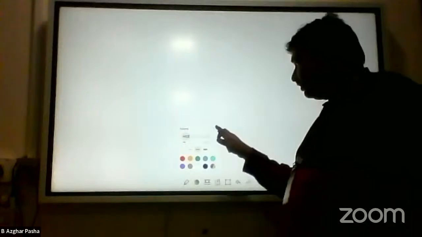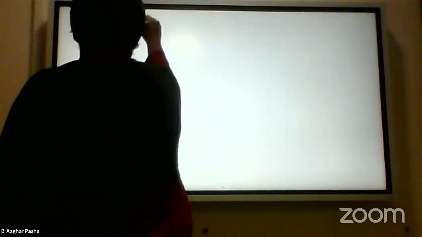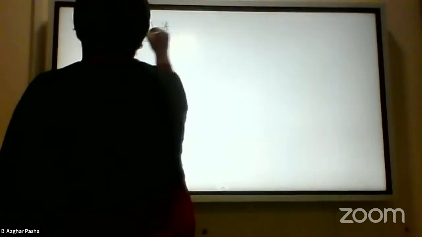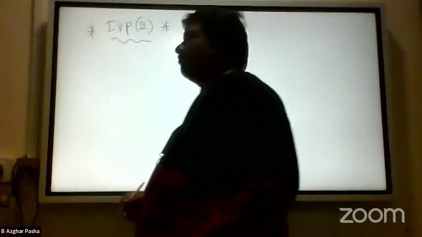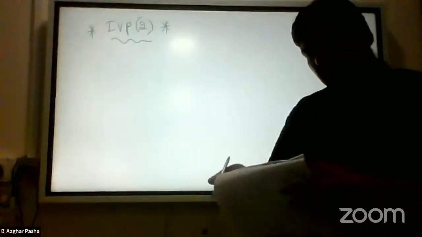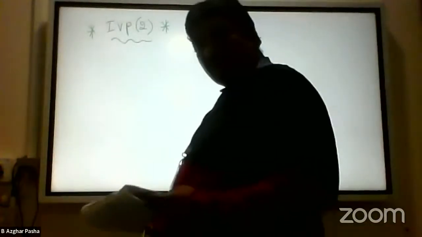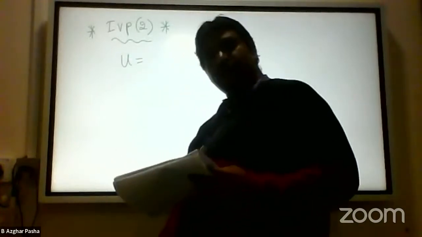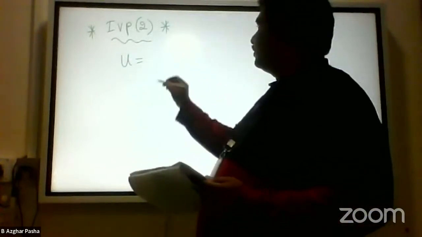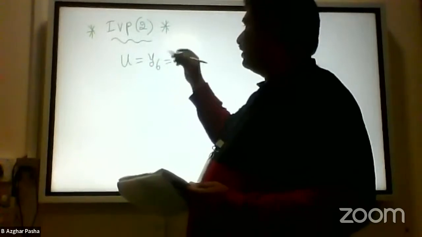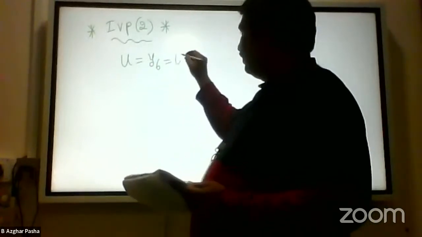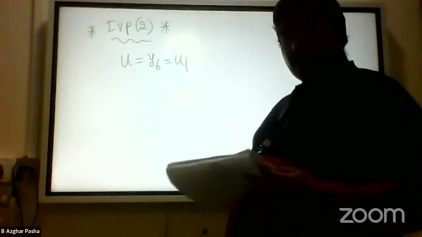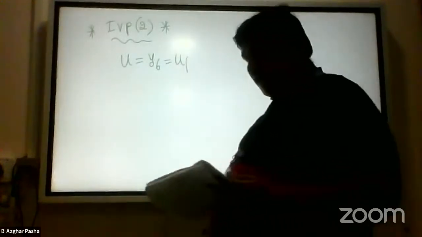This is related to u. IVP 2. I have to start with u. U is equal to y6. I'm continuing the numbering now. So u is u1, nothing but y6.